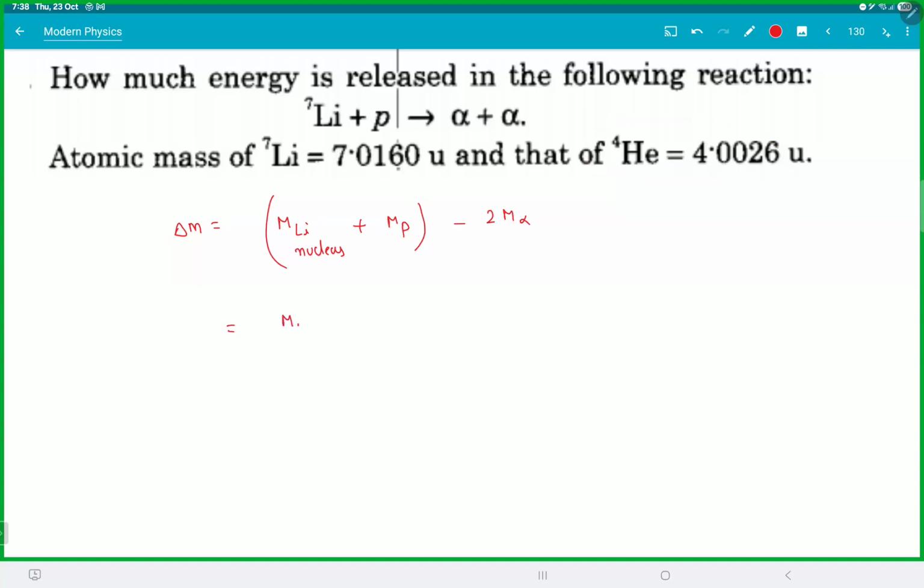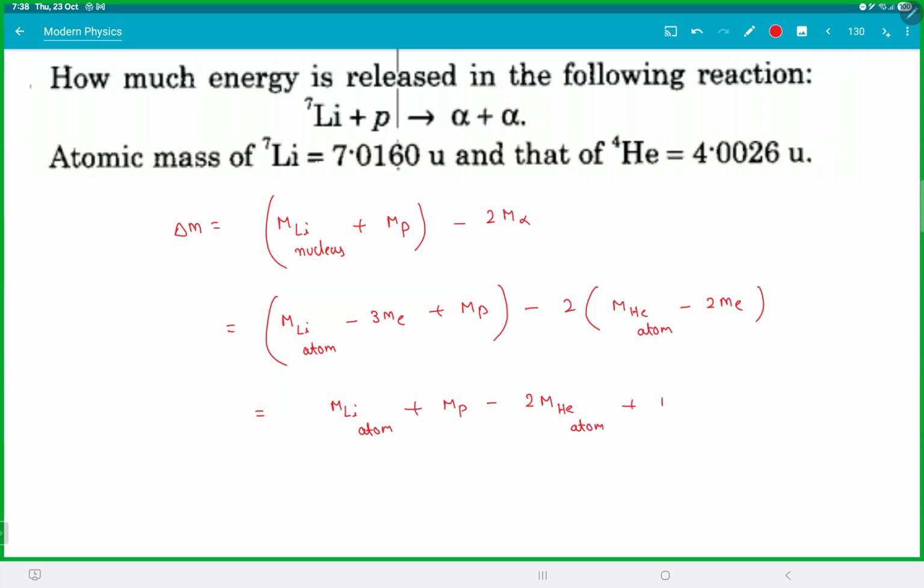So this will be M lithium atom minus 3 Me plus Mp minus 2 times mass of helium atom. Each helium has 2 electrons, so 2 Me. So mass of lithium atom plus Mp minus 2 times mass of helium atoms plus 1 electron.